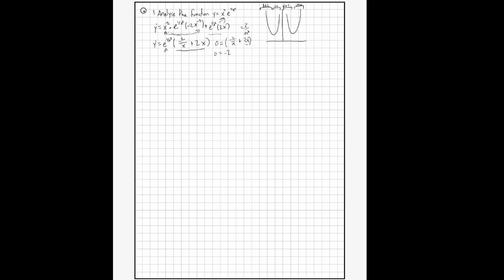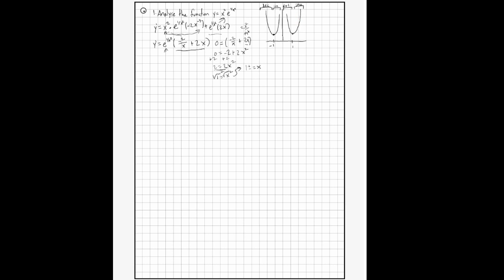So you just get negative 2 plus 2x squared, right? Then you add the 2 to both sides, and you get 2 equals 2x squared. Then you divide by 2, which gets you 1 equals x squared. And we already know the square root of 1 is just 1, so x equals plus or minus 1, right? So the critical points are at negative 1 and 1.